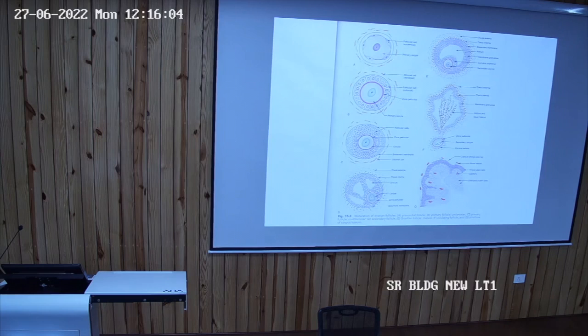The granulosa cells which are lying over the oocyte, I am talking of this part, are called cumulus oophorus. That is this one. Similarly, the granulosa cells which are outside are the granulosa cells, and this is the liquor folliculi.